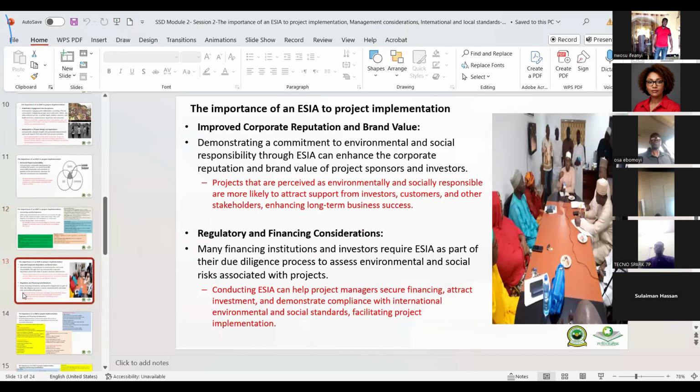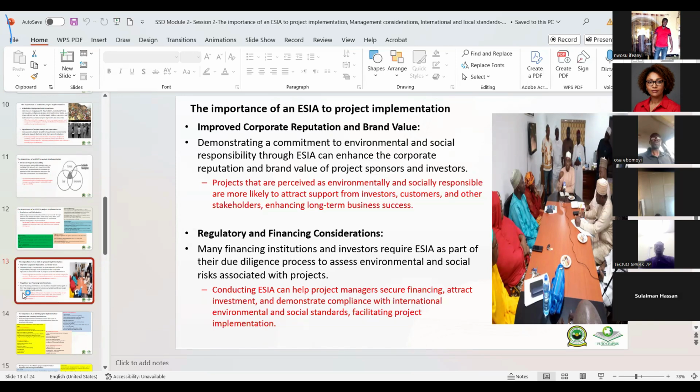Improve corporate reputation, like we said before, and brand value. Demonstrating commitment to environmental and social responsibility through ESIA can enhance the reputation of companies involved in implementing projects.